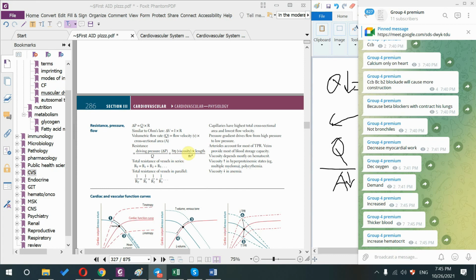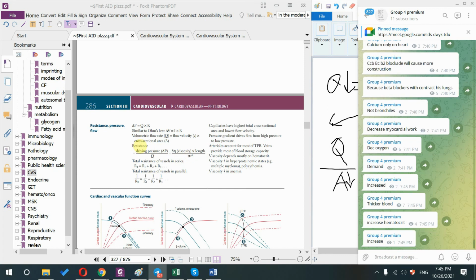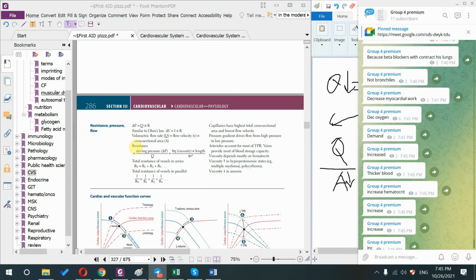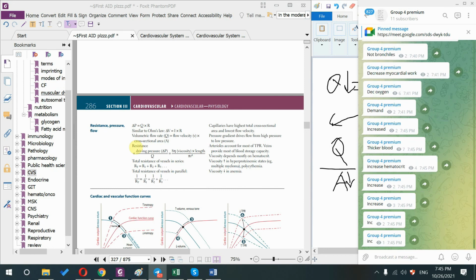If we increase viscosity here, the resistance goes up, yeah? Good. Okay, guys, now the more interesting question. If you decrease the radius, what will happen to the resistance? Excellent, it will increase.